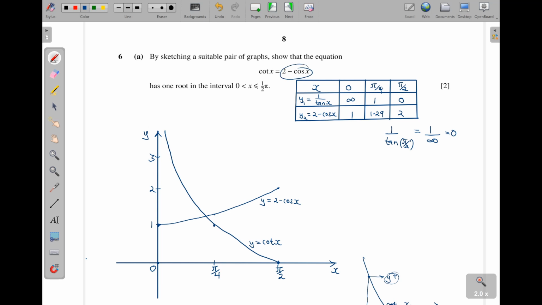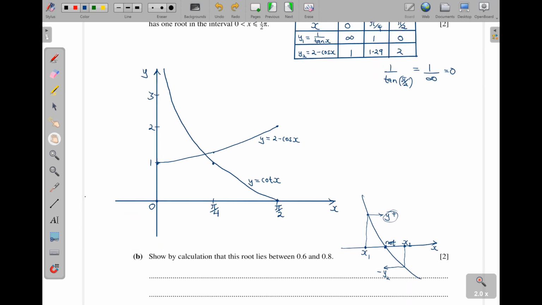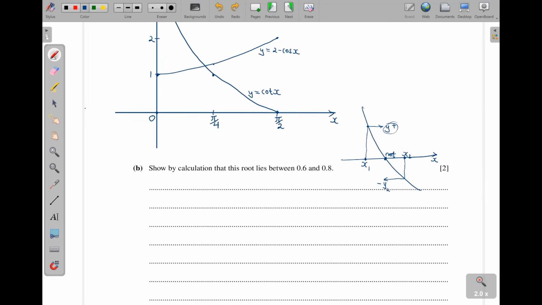I can put it this way, or take this one to this side, such that I get a function that pulls everything together. Suppose I bring whatever is here to this side. It doesn't matter which side you take it to. Now we are going to have cot, which is actually 1 over tan of x.